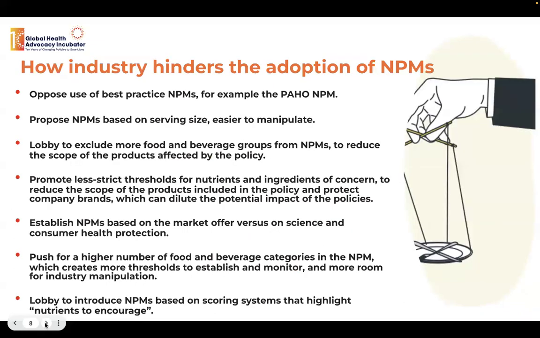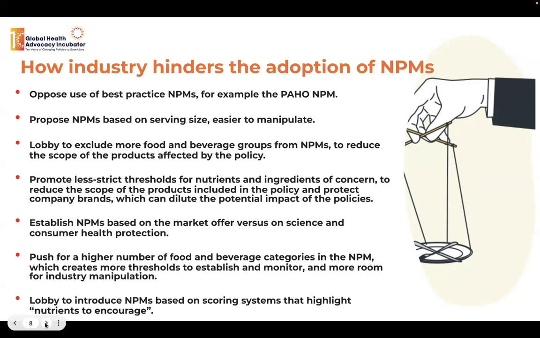So how does the industry hinder the adoption of nutrient profile models? The food and beverage ultra-processed industries developed a sophisticated and comprehensive playbook to jeopardize and undermine nutrient profile models across the globe. They do it through a variety of strategies, for instance, opposing the use of best practices.